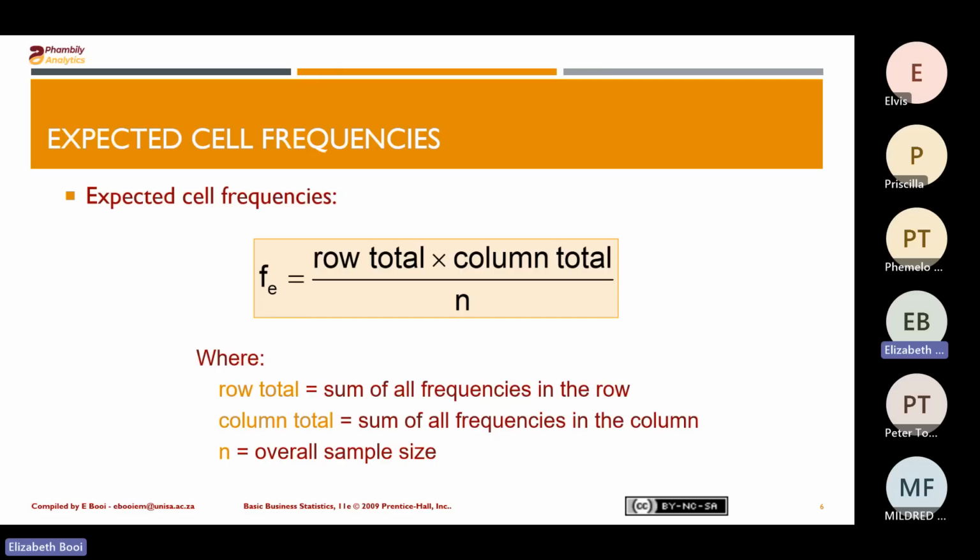To calculate the expected value, we're not going to use the number of rows, we're going to use the totals. So you're going to say the row total times the column total, divided by the grand total.